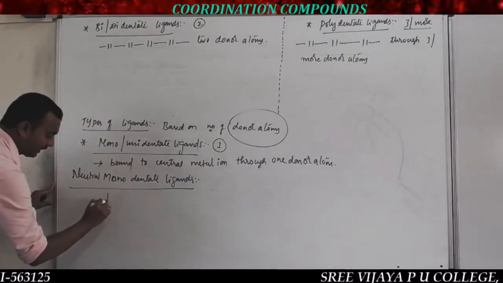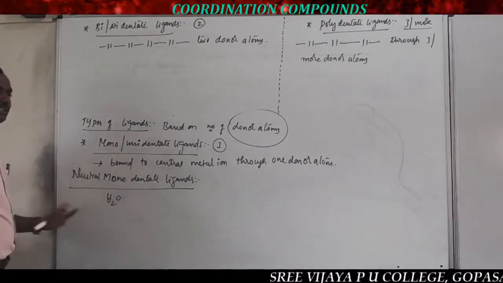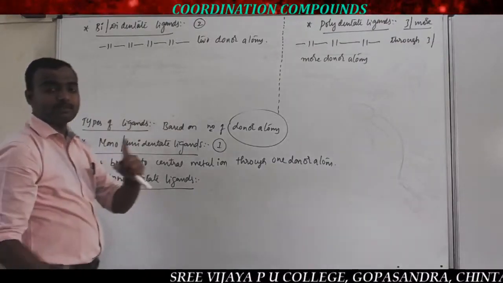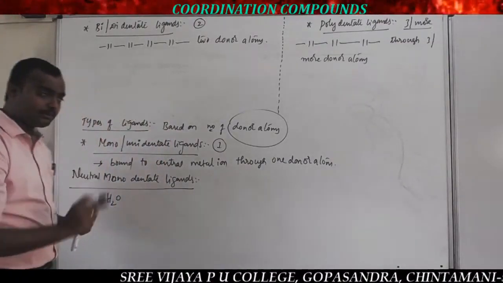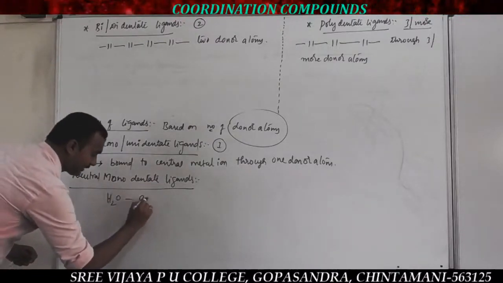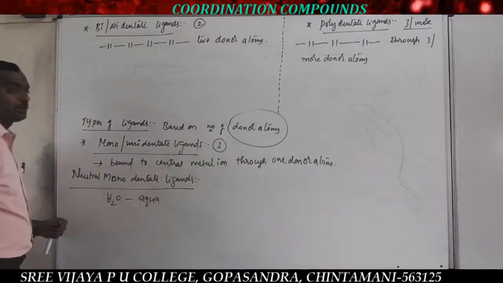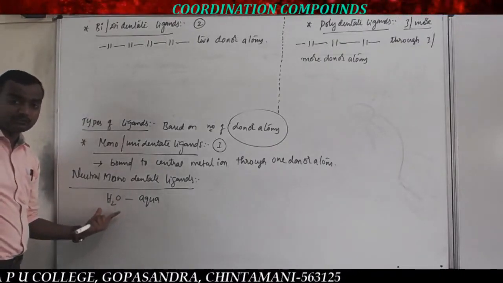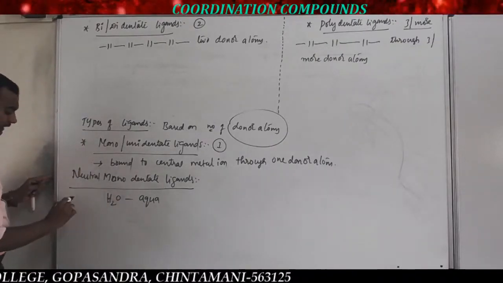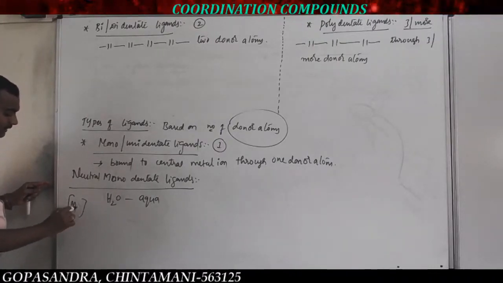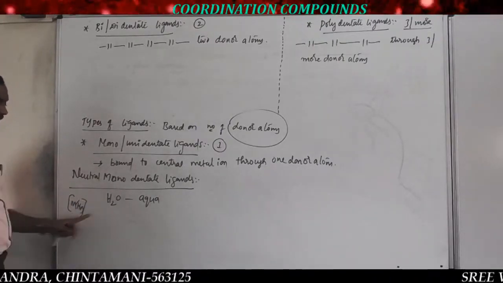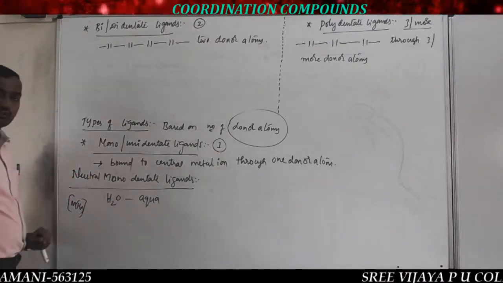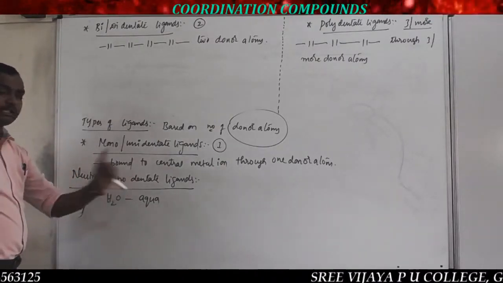One is H2O. This is simply called water, but when it acts as a ligand present inside the complex, it has a special name: aqua. That's the special name for this neutral ligand, H2O, an example of a neutral monodentate ligand.